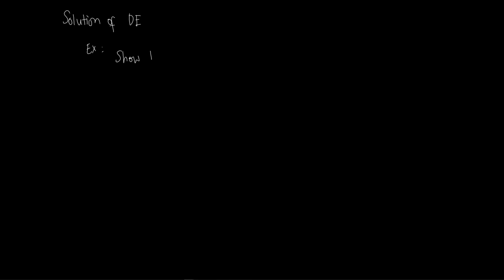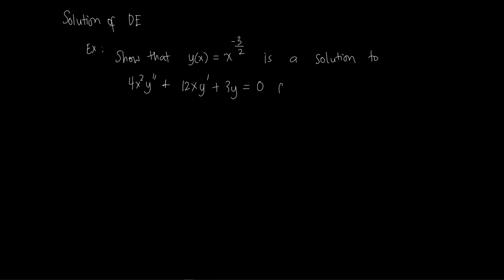Show that y of x equal to x raised to the power of, let's just say, negative 3 halves is a solution to 4x squared y double prime plus 12xy prime plus 3y is equal to 0, for x is greater than 0.